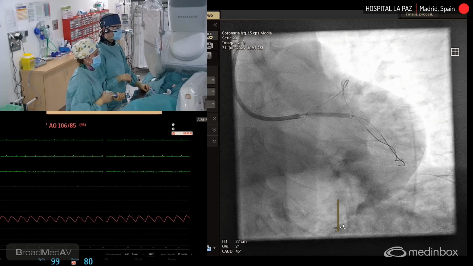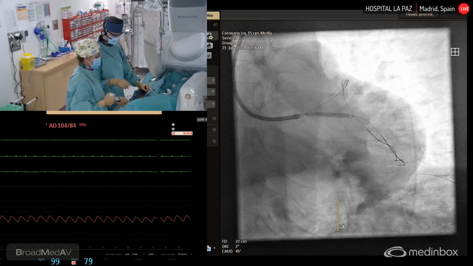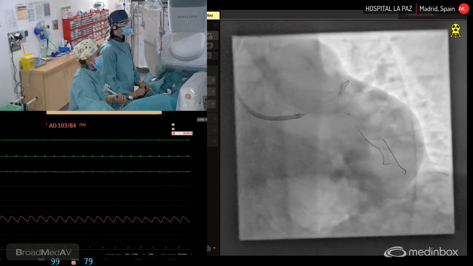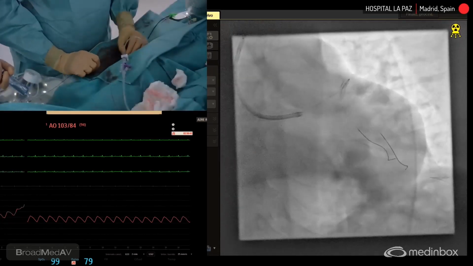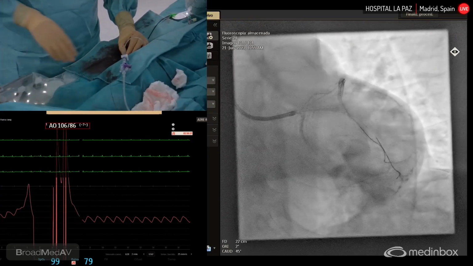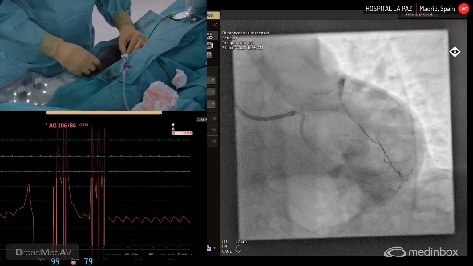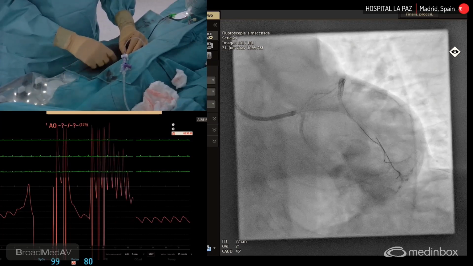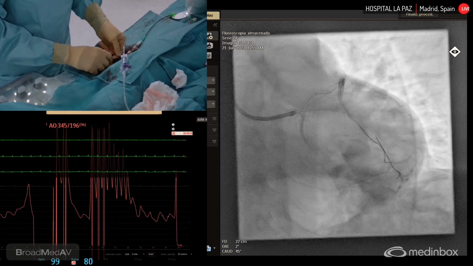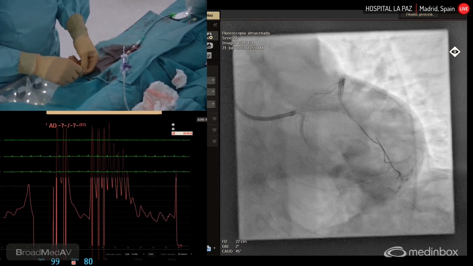Okay. And 1 minute, go down. Let's see. Test, please. Not bad. As we have commented in previous cases with the drug-eluting balloon, we have to learn to be comfortable with these dissections that are not flow limiting.